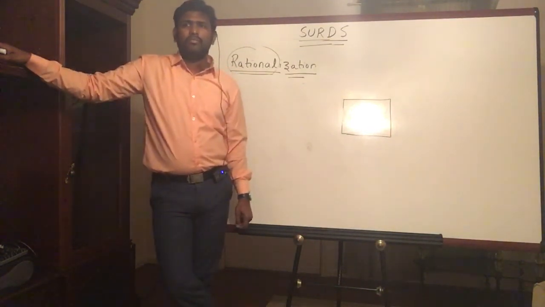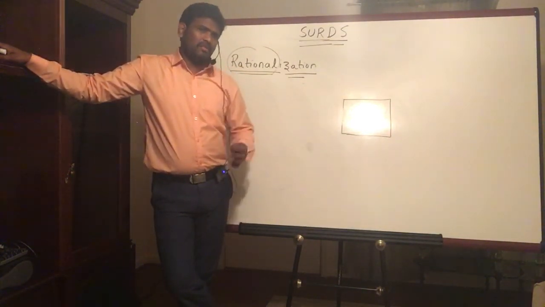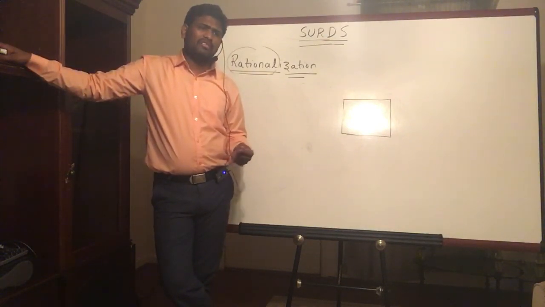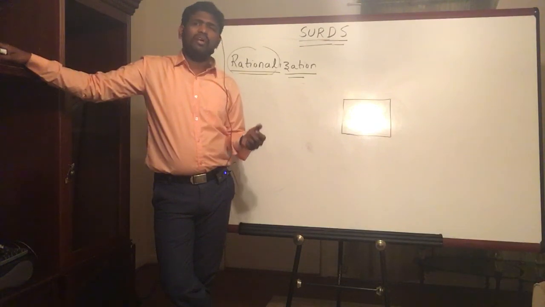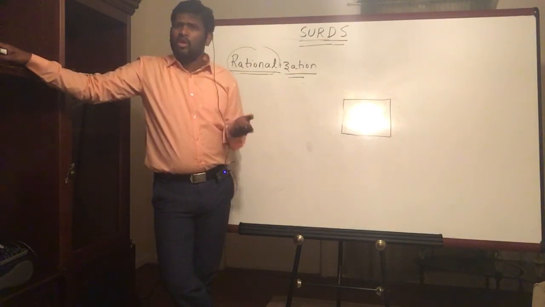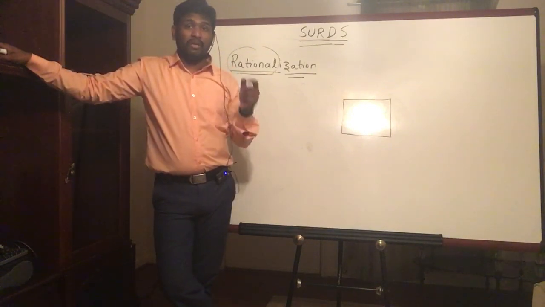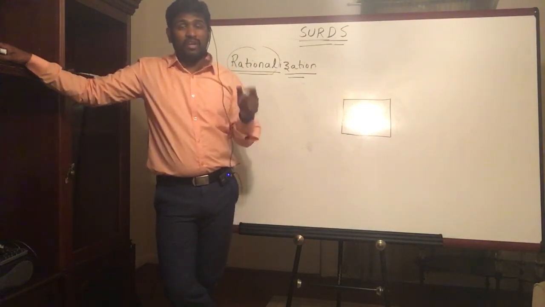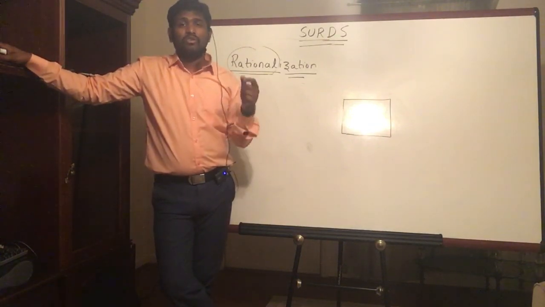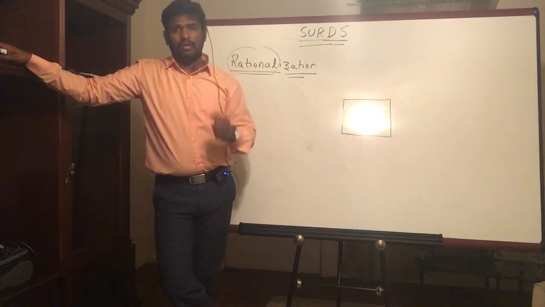In mathematics, the convention is to always simplify so that the denominator is a rational number. The numerator can be irrational, but rationalize the denominator. Whenever you see an irrational number in the denominator, try to rationalize it immediately.